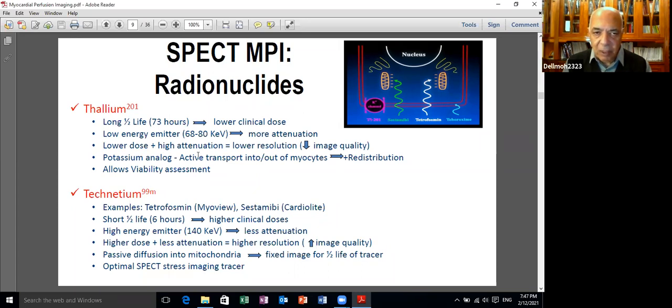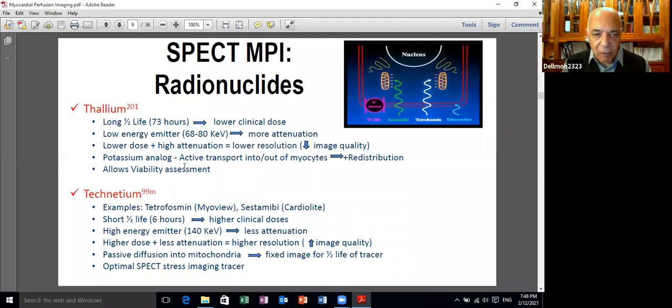That's why thallium is no longer used except in viability studies. So as I explained, it's a potassium analog being actively transported in and out of the cardiomyocyte in the way I just explained, and this is the phenomenon of redistribution, very peculiar to thallium, and not available in technetium or available in a very diminutive way.